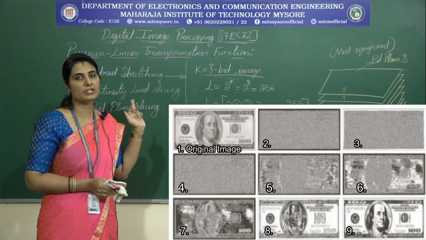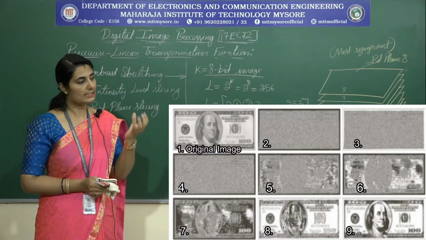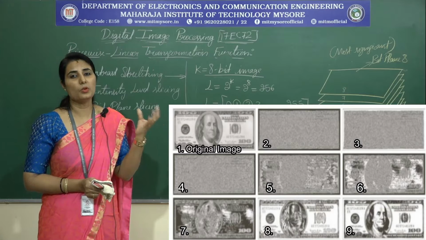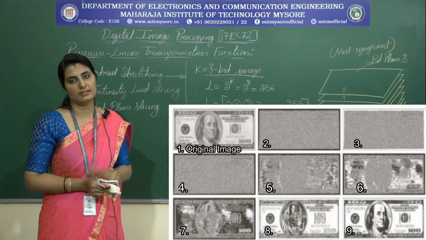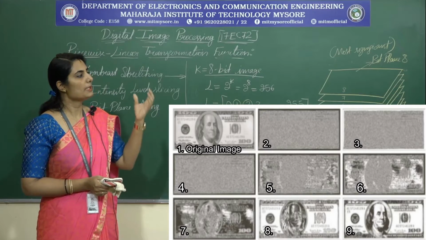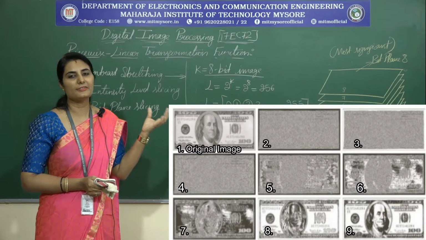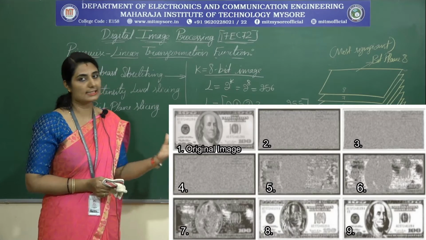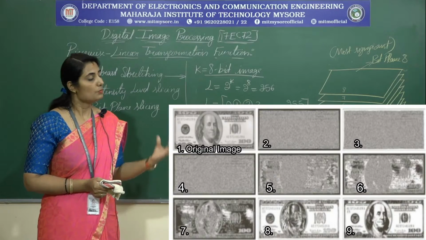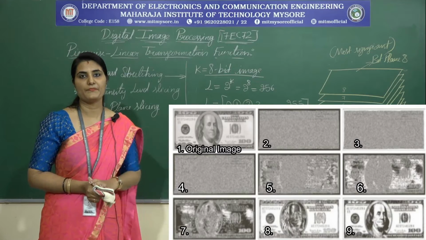Now observe that the last figure conveys more information compared to the first bit plane image, right? Bit plane 1, 2 and 3 contain very little significant information, whereas the higher order bit planes like 6, 7 and 8 give the most significant information.